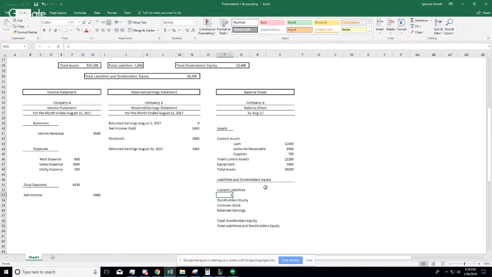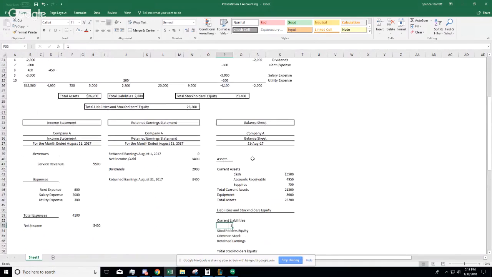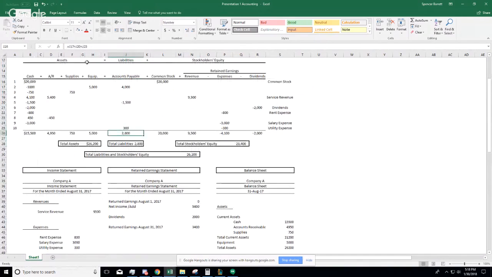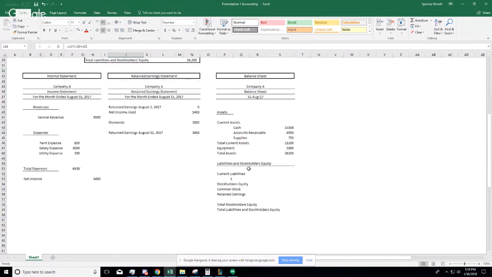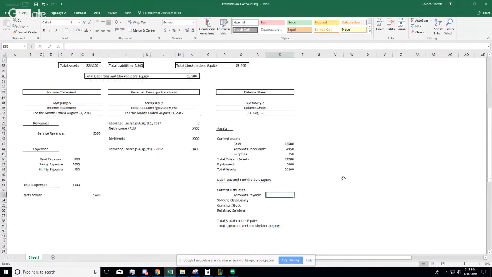Now to go on to the liabilities and stockholders' equity. Up here, the only liability under this category was accounts payable. And at the end of the month, it was a total of 2,800. So we want to swap this out with accounts payable, with the number being 2,800.